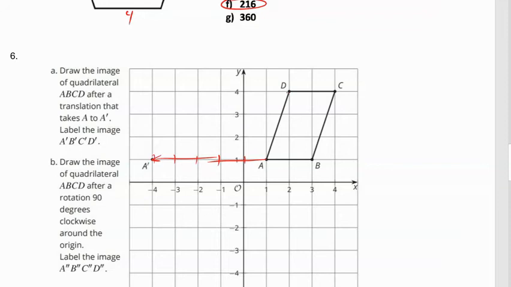So we'll start with D. 1, 2, 3, 4, 5. So D prime will have to be here. C will also have to go over 5. 1, 2, 3, 4, 5. It'll land right there. B also has to go 5 to the left. 1, 2, 3, 4, 5.